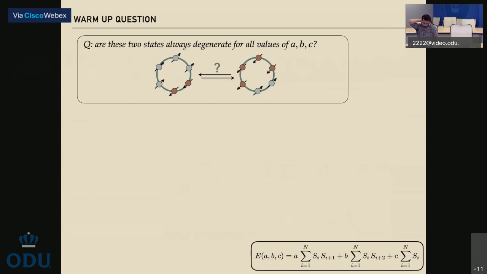Or in other words, are there any restrictions on A, B, and C, remembering that the expression for the energy of systems with spin that we're considering is given below. A is the term that is telling me about the relationship between nearest neighbors. B is telling me about the next to nearest neighbors. And then C is telling me about the interactions between the spin and some external field.